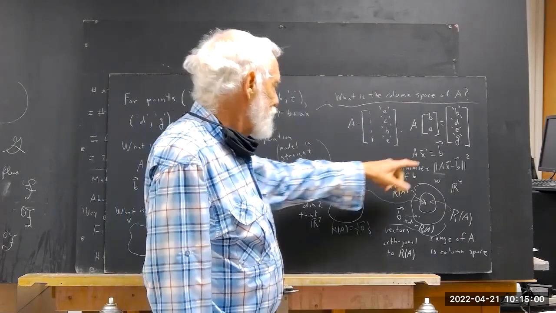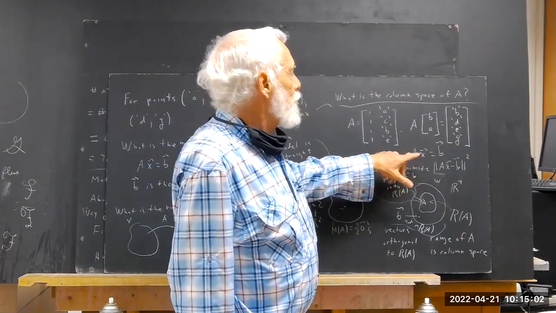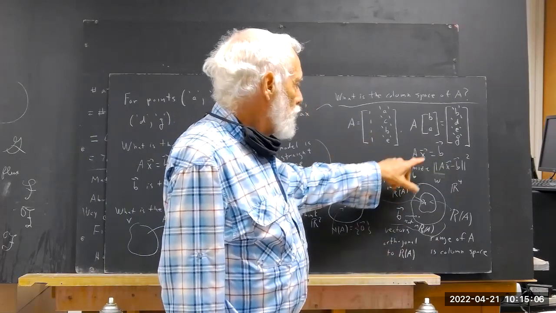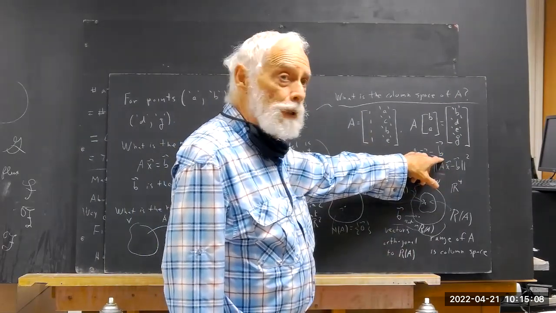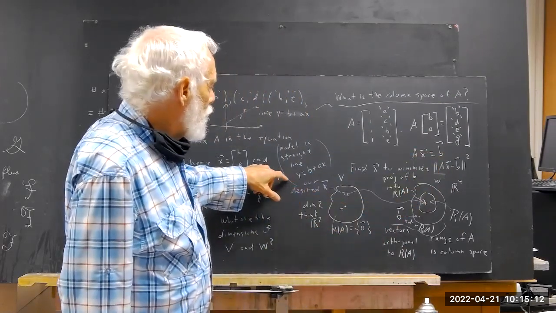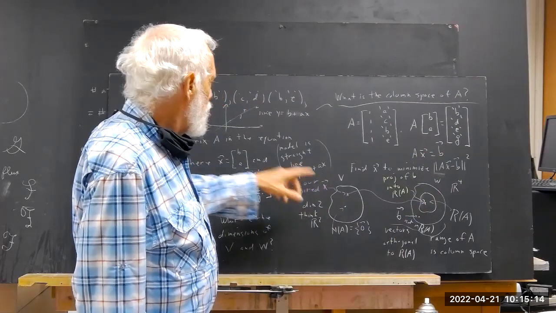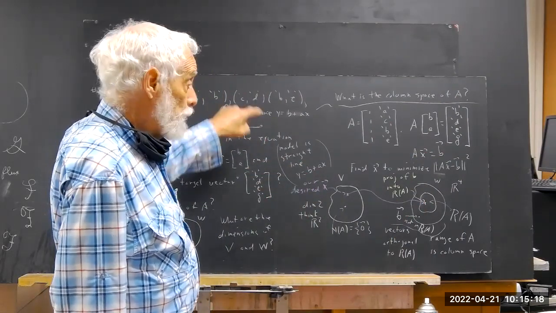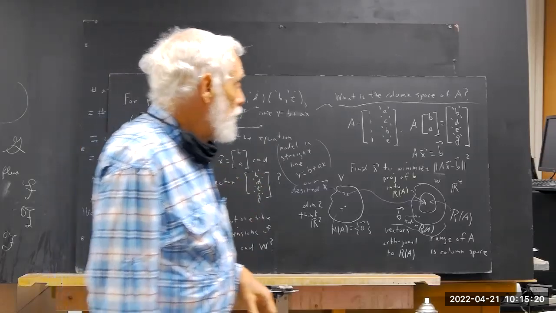So what we want to do is find x that gets us as close as possible to this b vector, because that would give us the straight line that comes closest in some sense to our data points on average.